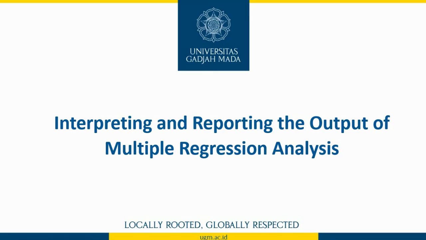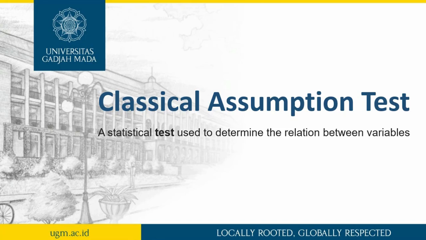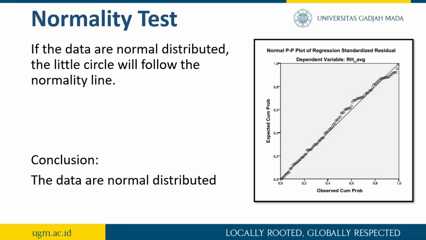I want to show you our interpreting and reporting of the SPSS output, in this case with multiple regression analysis. In order to determine the relation between each variable, we use classical assumption tests. And to use classical assumption tests, we need to test the data first.